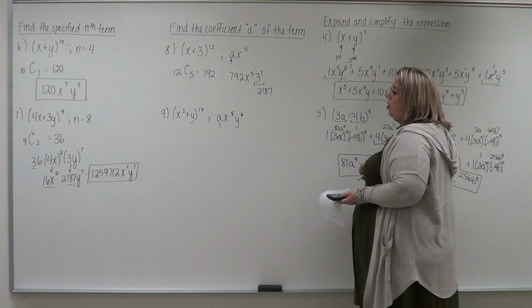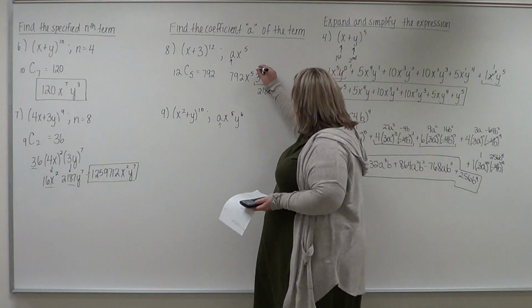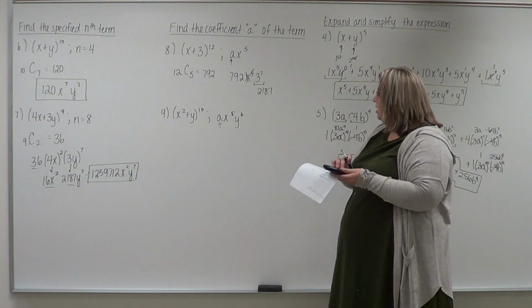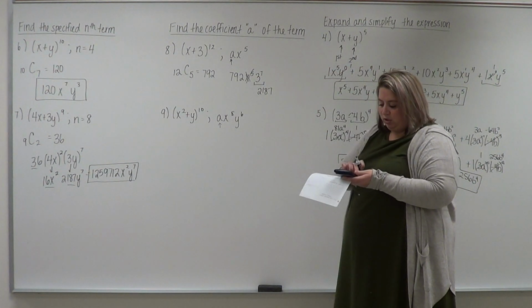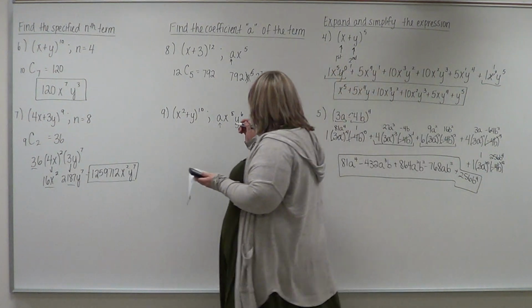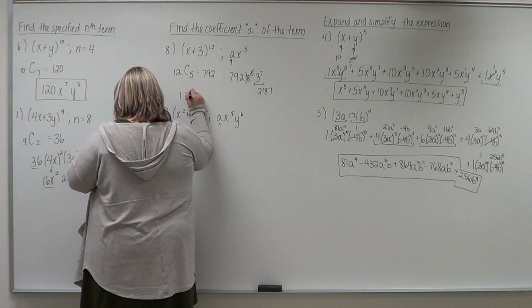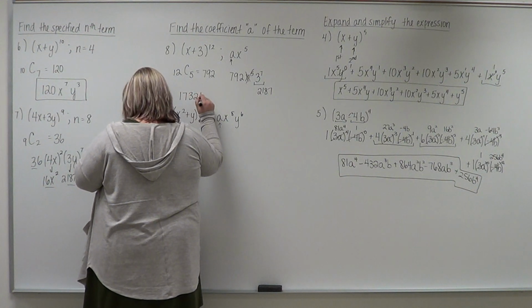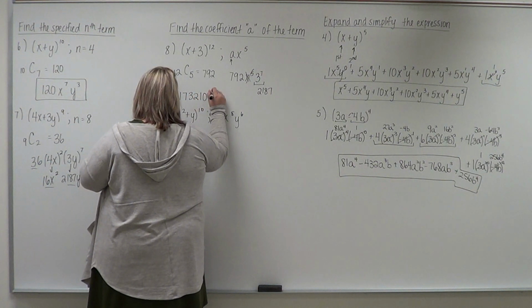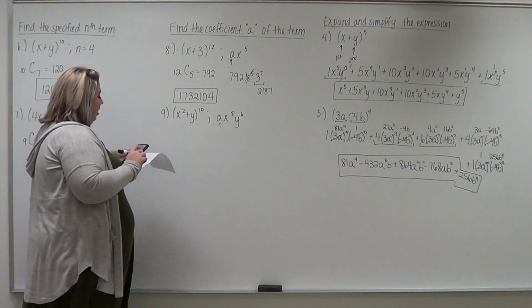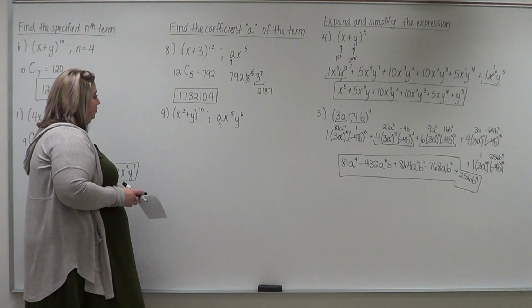So when I'm trying to find my coefficient, now is when I can forget about the variables and I just multiply my numbers together. So I would take 792 times 2,187. My coefficient for this problem would be 1,732,104.